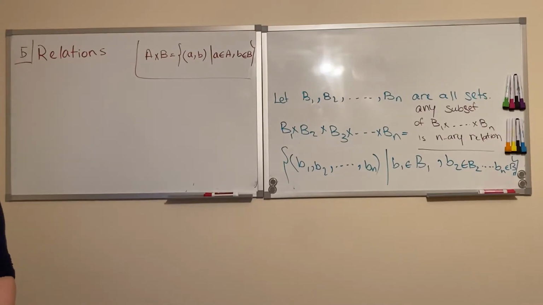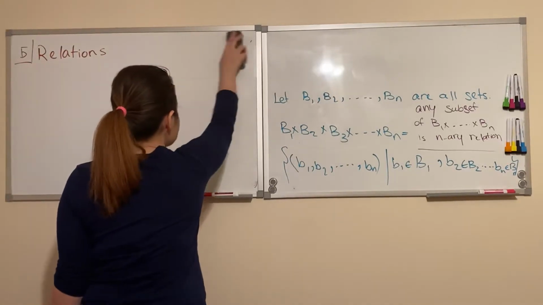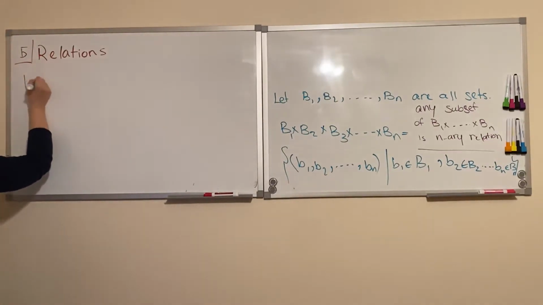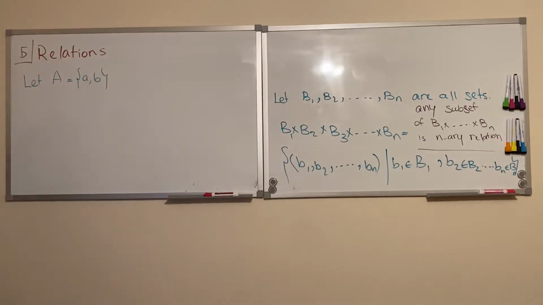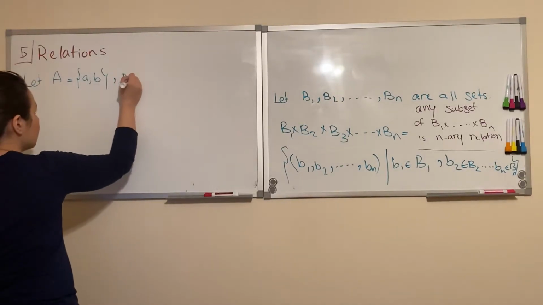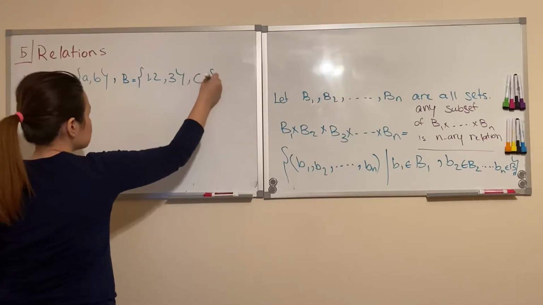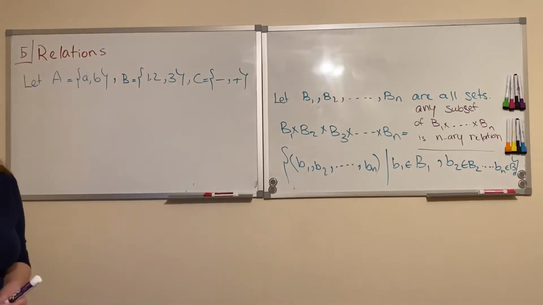Let A be equal to {a, b}, B is {1, 2, 3}, and C is the set of minus sign and plus sign.